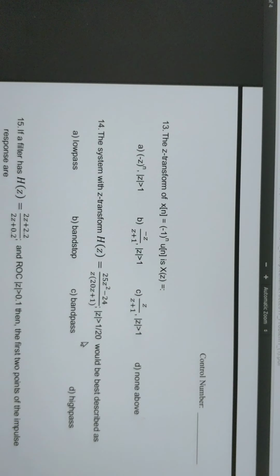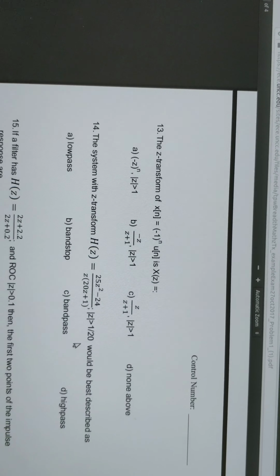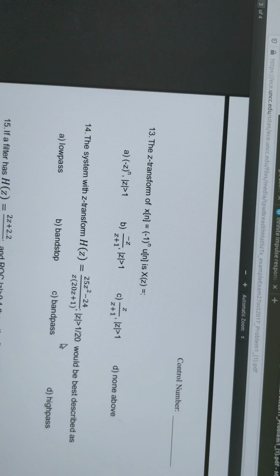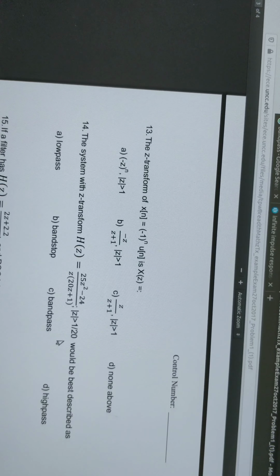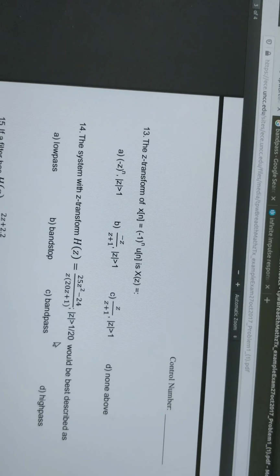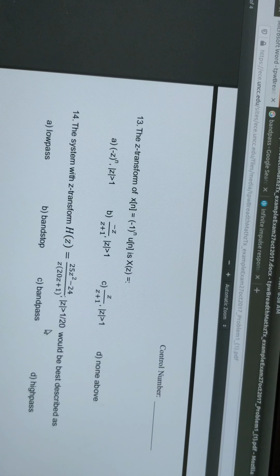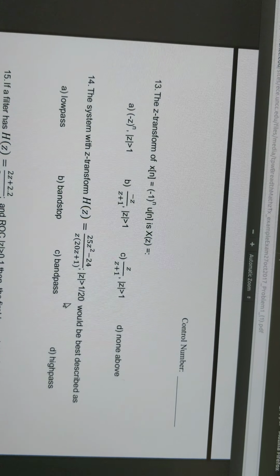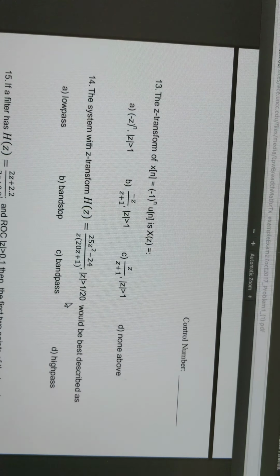So if we plot our poles, which were at 0 and at negative 1 over 20, and if we plot our zeros, which were at plus or minus 0.97, we get a unit circle that looks like this.